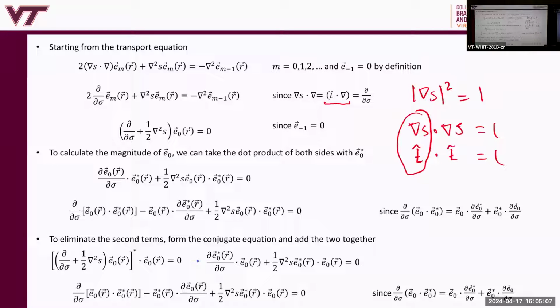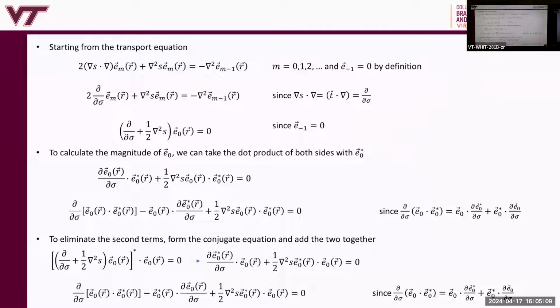Okay, so the gradient of S dotted with the gradient is equal to t dotted with del, or whatever you call that operator. Sometimes it's called nabla. We can write that as partial by partial sigma, which is a derivative in the direction of the ray. That's what t dotted with the gradient means.